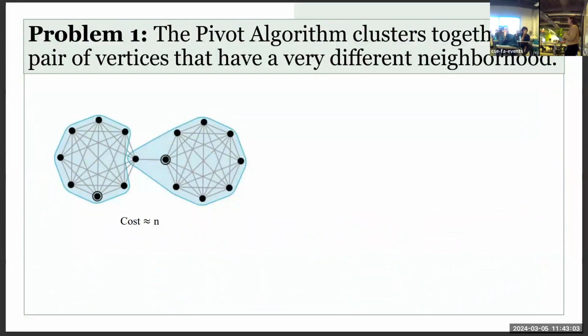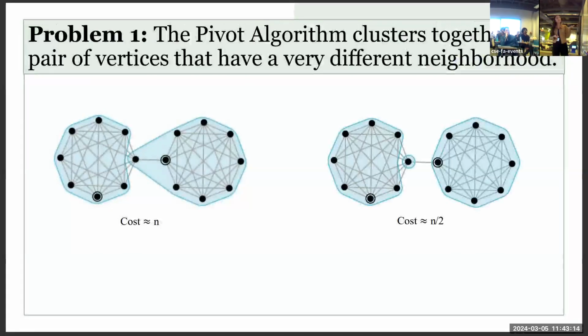So let's see how we actually solve these problems that I mentioned before. Here we said the problem in this example is that we pay the cost of n. Our solution would be to put the vertex that has very different neighborhoods from our cluster into a single cluster.